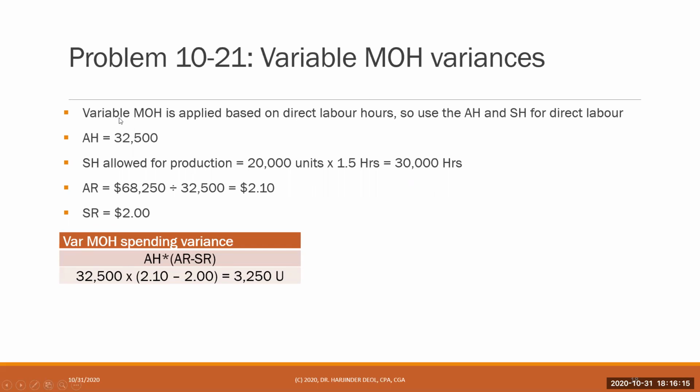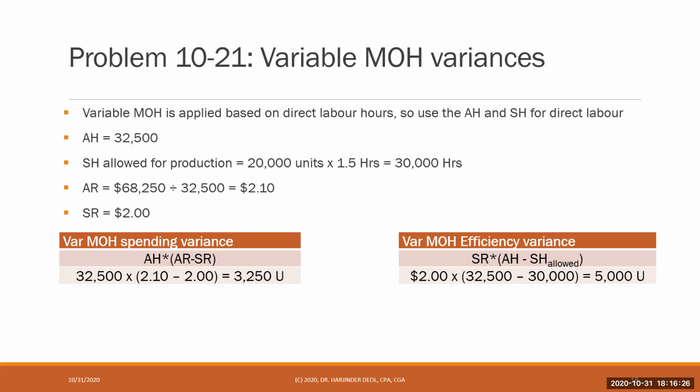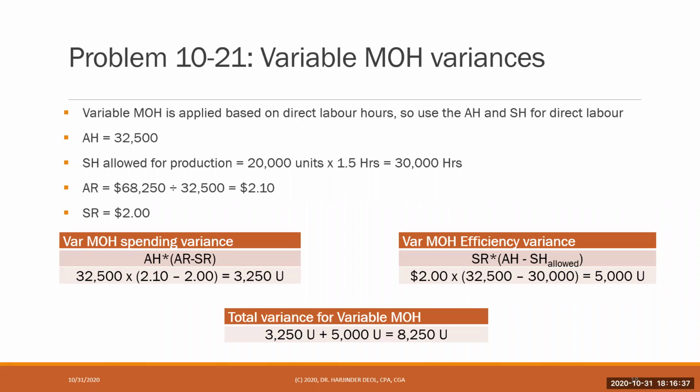And since variable manufacturing overhead is applied based on the direct labor hours, we will also get an unfavorable variable overhead efficiency variance. So that works out to $5,000 unfavorable. The total variance for variable overhead is $3,250 unfavorable plus the $5,000 unfavorable, giving us a total $8,250 unfavorable variance.